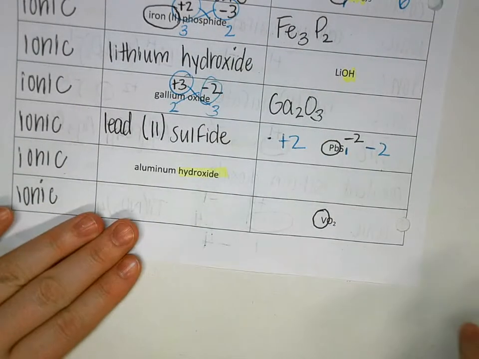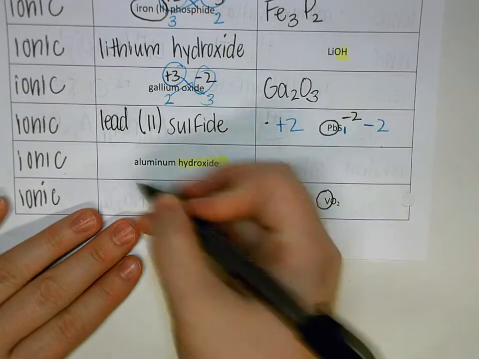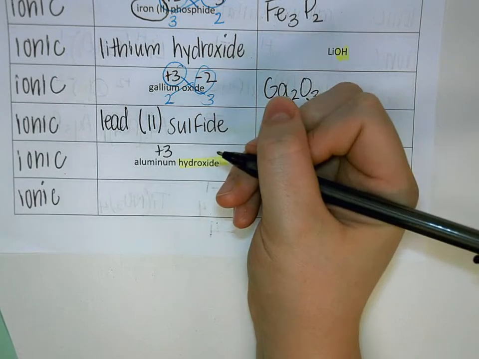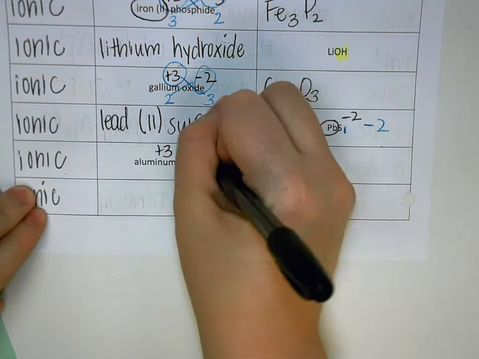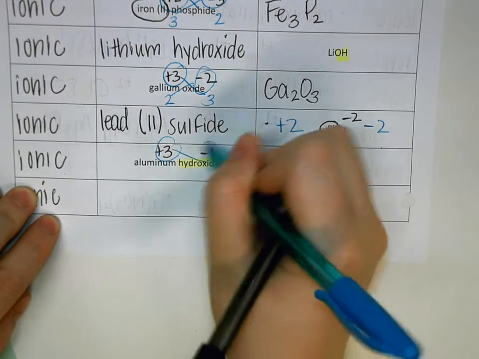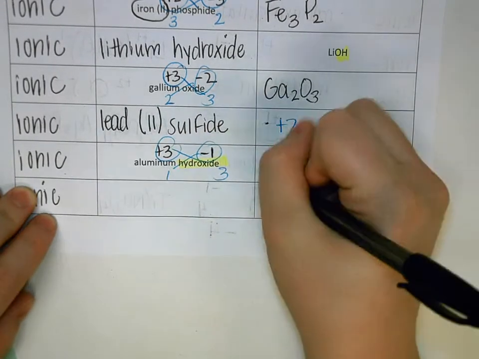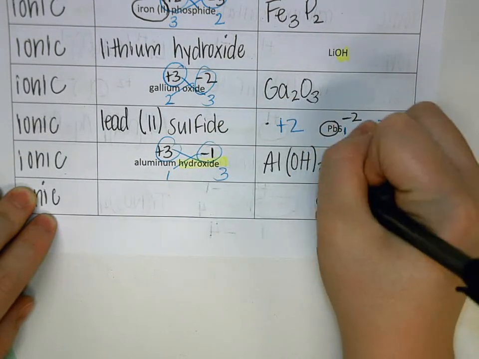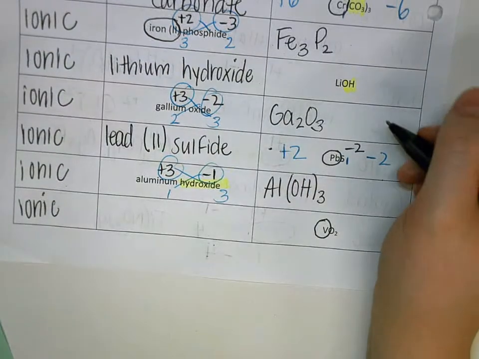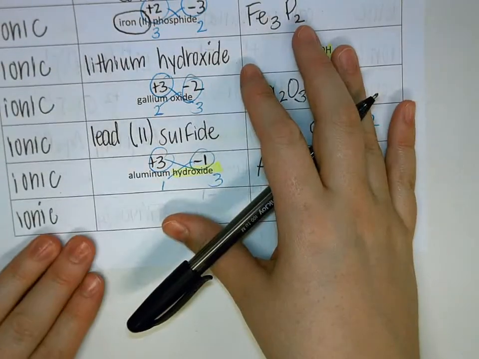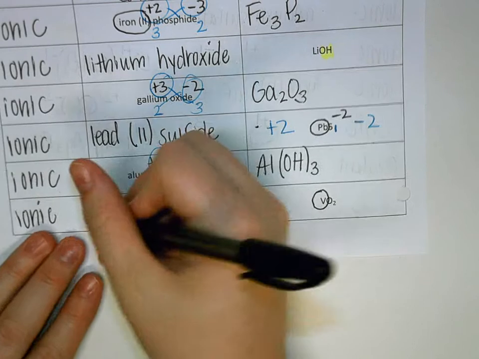Aluminum hydroxide, so got to worry about charges. Aluminum is going to have a +3 charge based on its position on the table of elements, and hydroxide is a polyatomic ion. So whenever I cross these, I know that I need 1 aluminum and I need 3 hydroxides. Last one, we've got the vanadium, and this is going to be a transition metal.